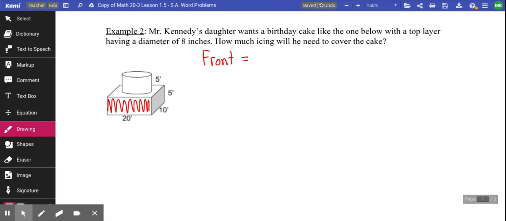The front makes a rectangle, 20 by 5. So 20 times 5 is 100 inches, and the back is also going to be 100 inches.